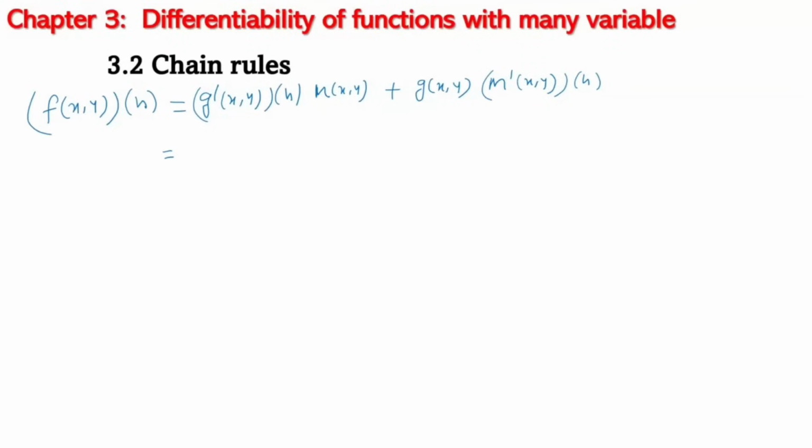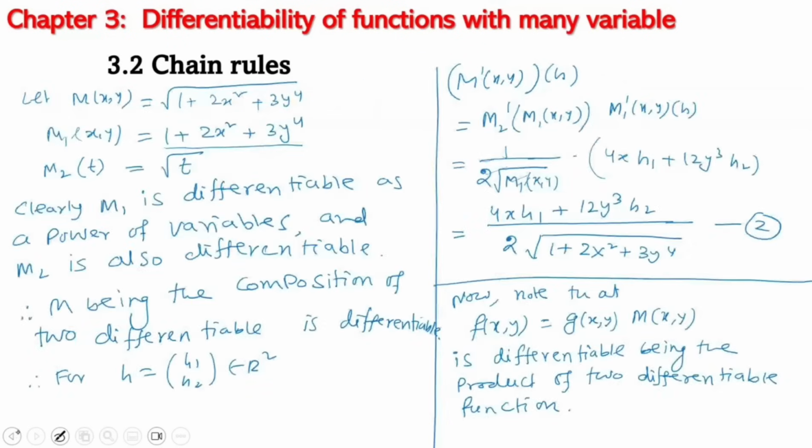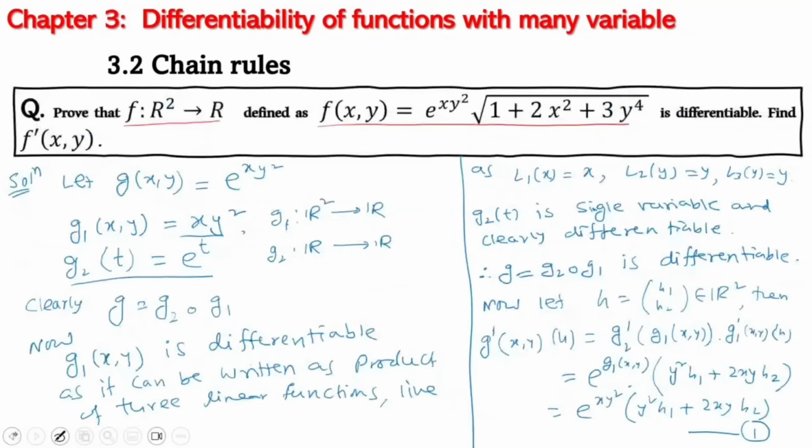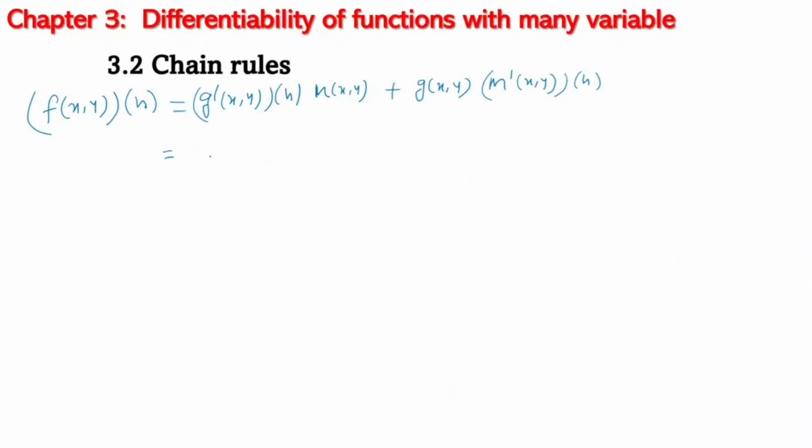So therefore g'(x,y)h, which we already calculated in the first equation, is e to the power xy square, y square h1 plus 2xy h2, and then we write the m.